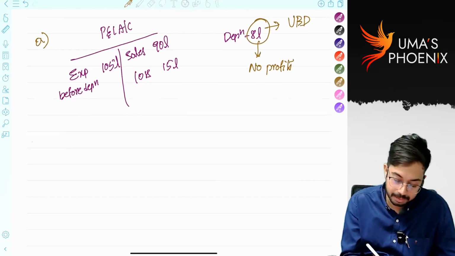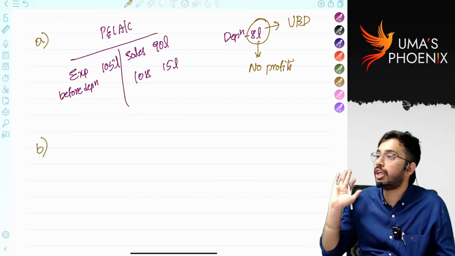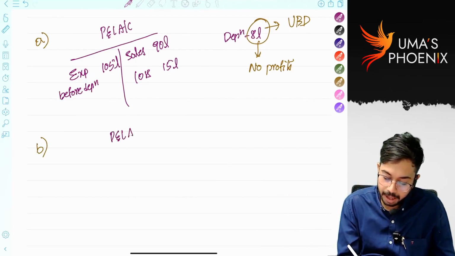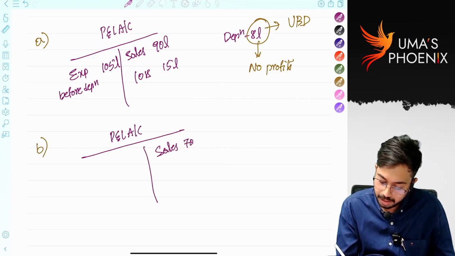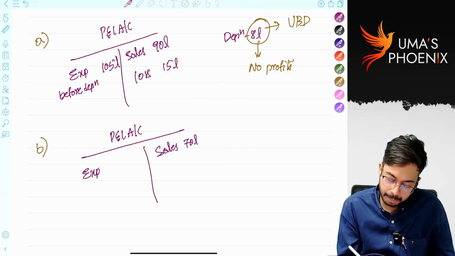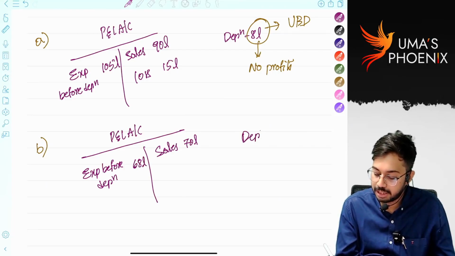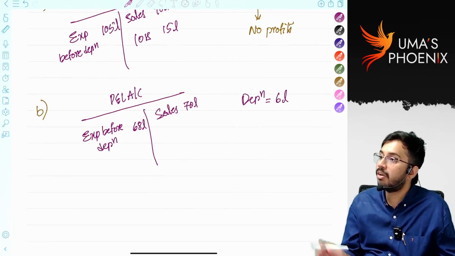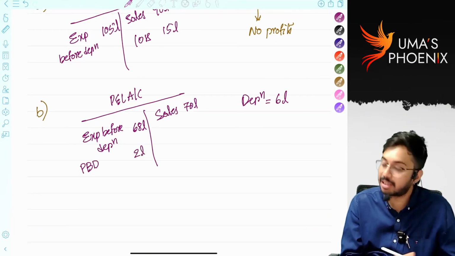Now case B. There are profits, but profits are not sufficient to set off depreciation. Is it clear? Now let me write the P&L account. Sales 70 lakhs. Expenses before depreciation 68 lakhs. Depreciation is 6 lakhs. Now, are there profits? Profit before depreciation is 2 lakhs.